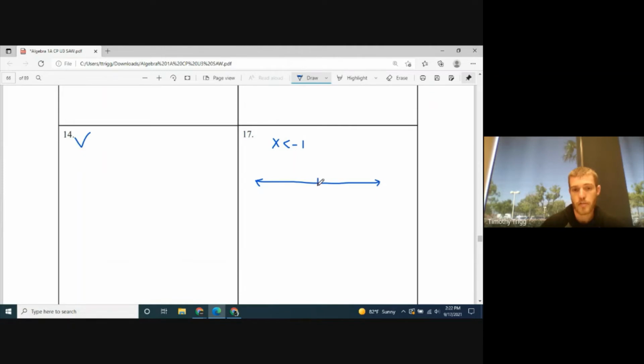So here, let's say this is 0. -1 would be over here. And since it does not have the equal to, then it's going to be an open circle. And we're looking for values that are less than -1. So those values are over here. So this is the graph we're looking for. Now, when we look at our answer choices, that's answer choice D in this case.